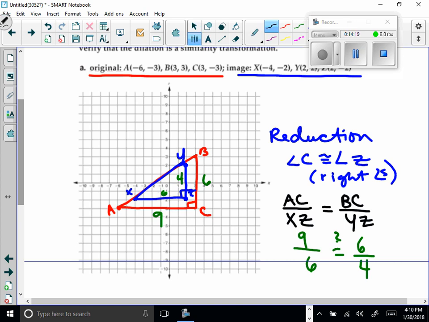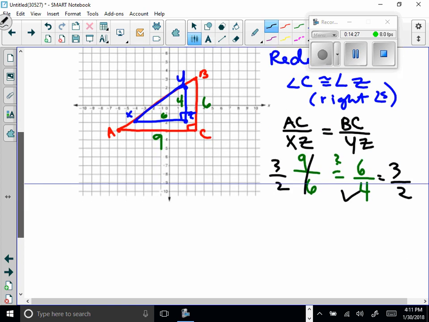And those reduce to 3/2 here and 3/2 on this side. So the answer is yes. And this transformation is a similarity transformation. And we know that triangle ABC is similar to triangle XYZ by side angle side similarity.